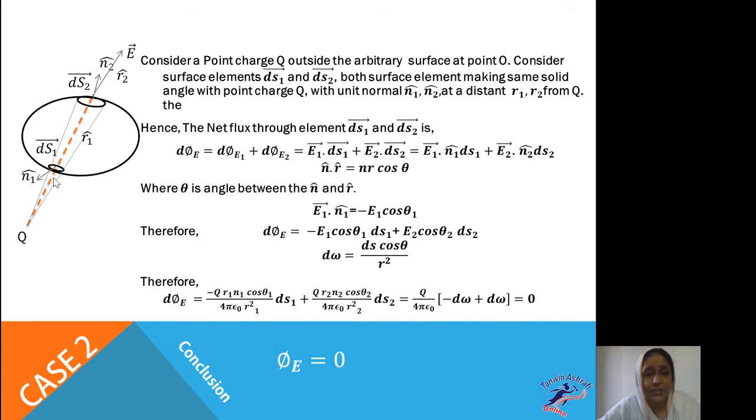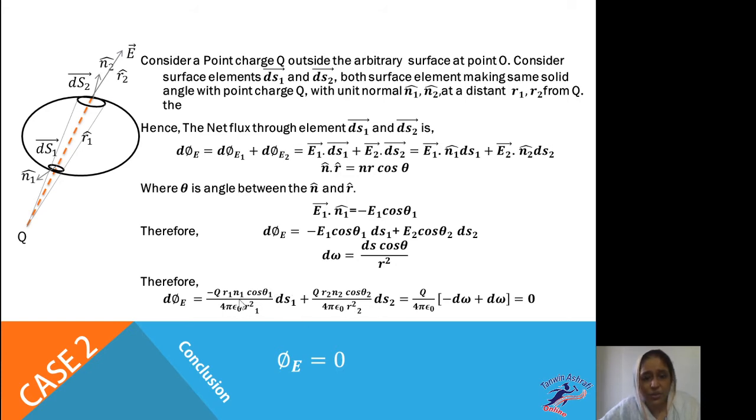Therefore this n̂ is in the negative direction, and we get minus E1 cos θ1. When we substitute these two values, we get minus E1 cos θ1 ds1 plus E2 cos θ2 ds2, and we put in the value of the electrostatic field, q divided by 4π ε₀ r squared, with r̂1 · n̂1 cos θ1 ds1 and r̂2 · n̂2 cos θ2 ds2.